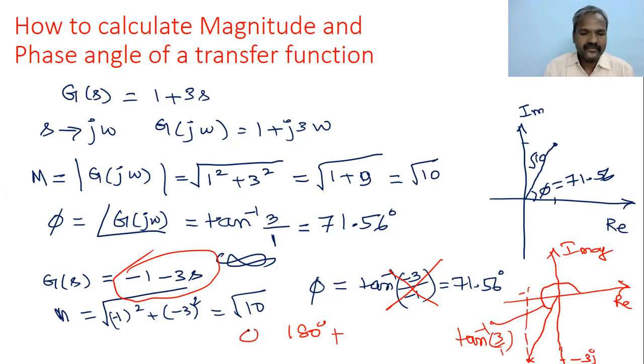So the phase angle of this transfer function is 180 plus tan inverse of 3, which is 180 plus 71.56.